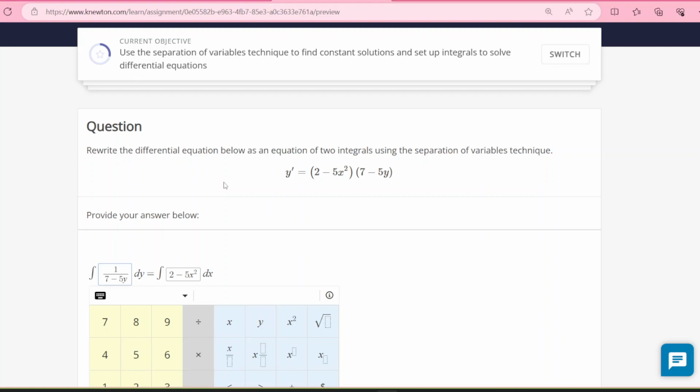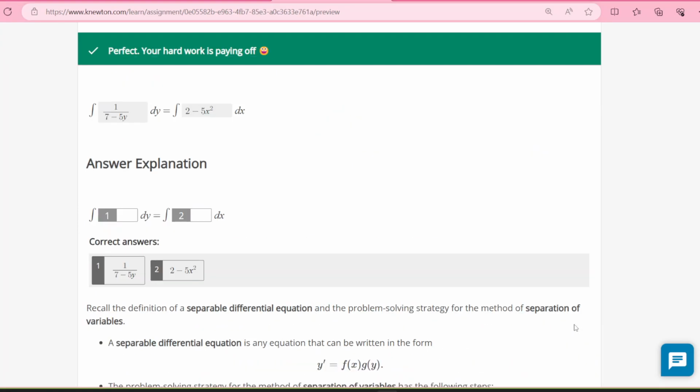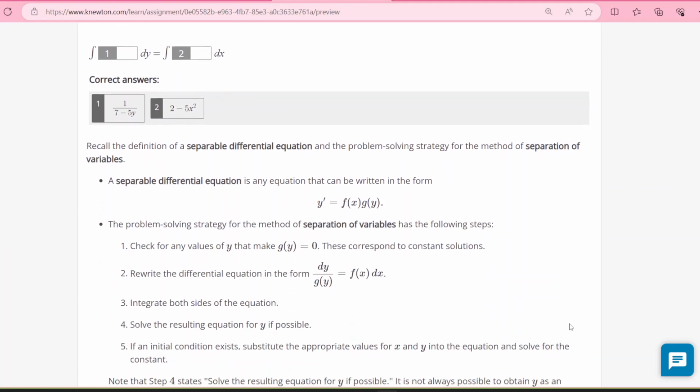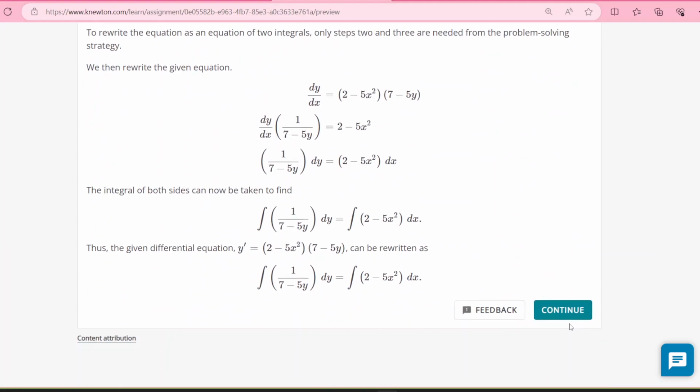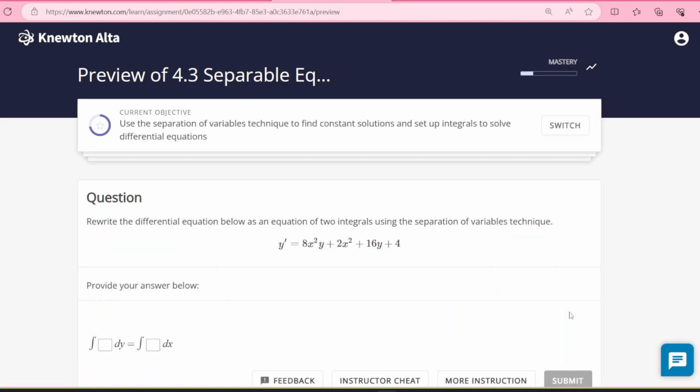Then you'd integrate and solve for y if you could. That would be the setup for finding the solutions to this particular differential equation. Yeah, very, very easy, that one. All right.